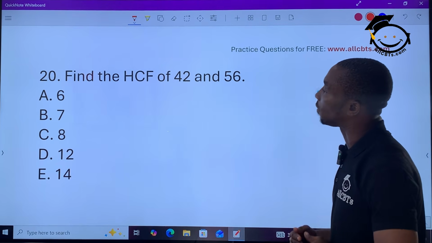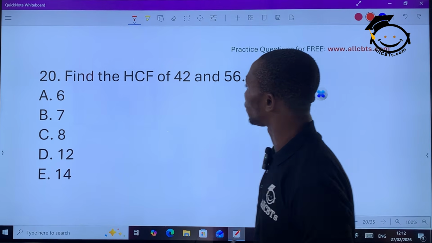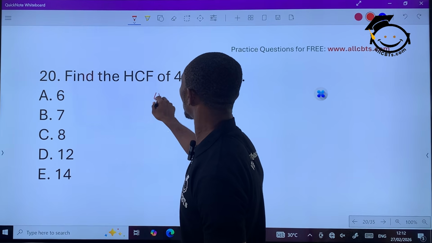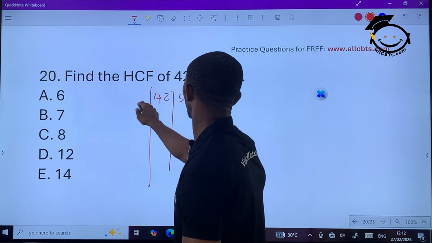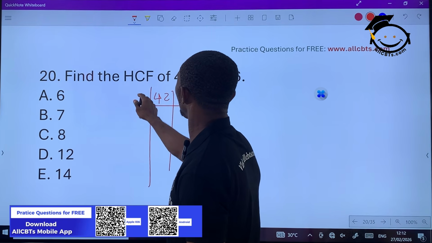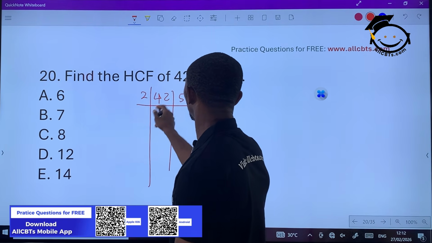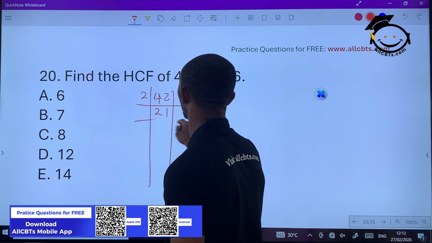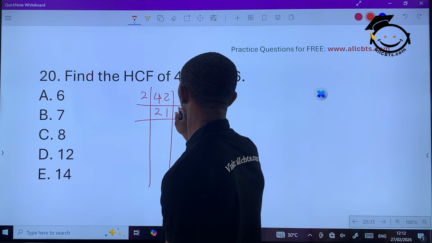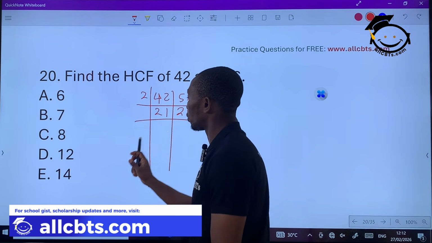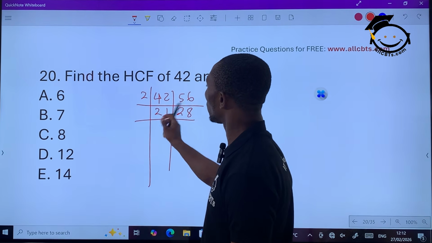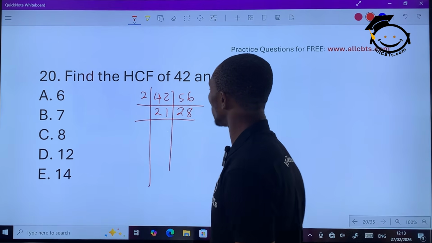Find the highest common factor of 42 and 56. So we have 42 and 56. Now, we use 2. Alright, 2 into 42 gives us 21. 2 into 56 gives us 28. Now, we use 3. 3 can divide 21, but can't divide 28.